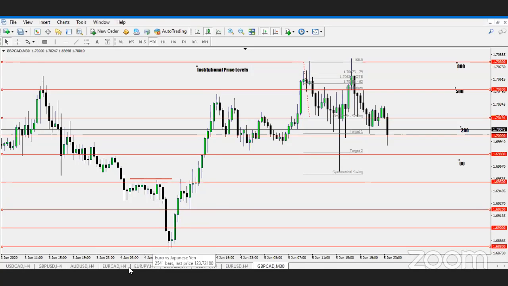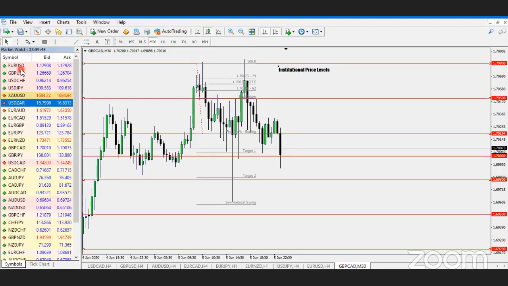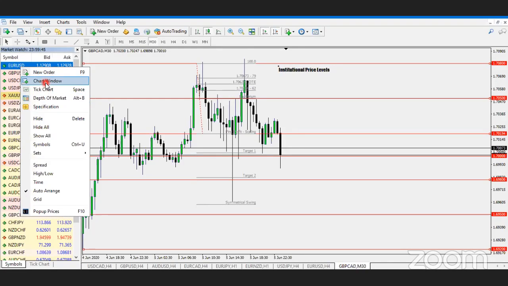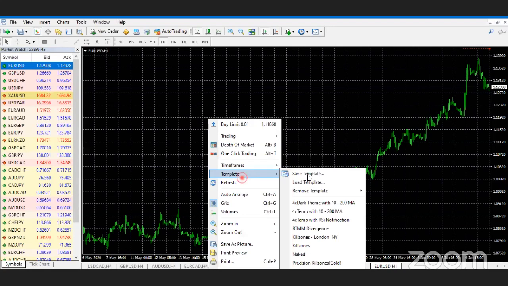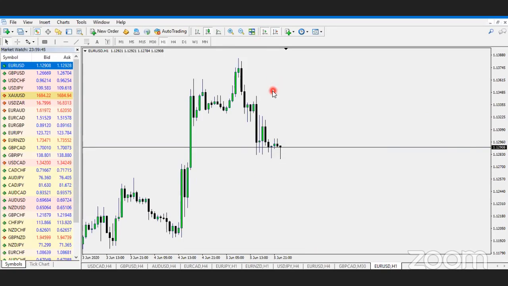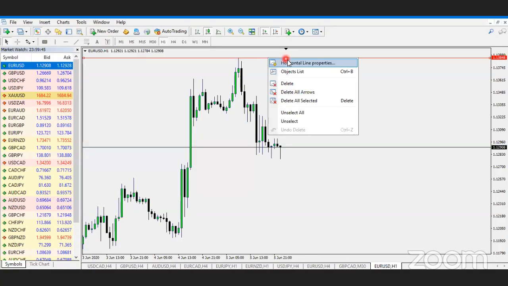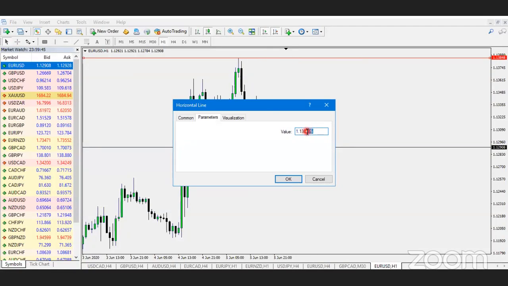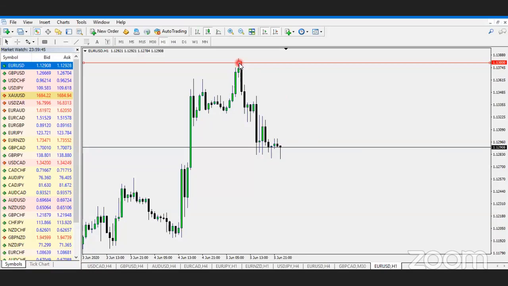Let's take a look at, I know a lot of people like to trade EU. So let's just do a quick EU here. And let's just look at current market price. So I'm going to again just add my institutional price levels over here, and we can see that price rejected at this 800 level over here.